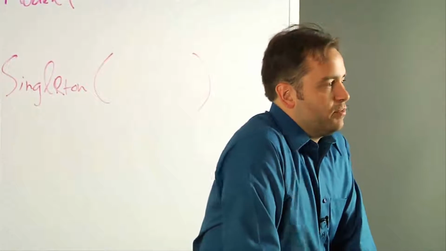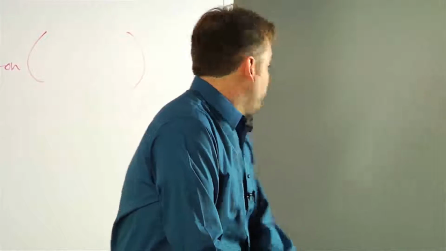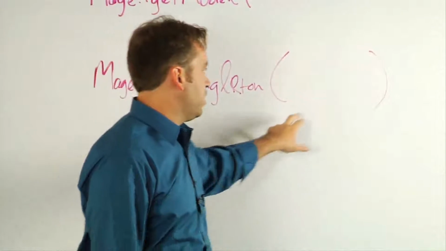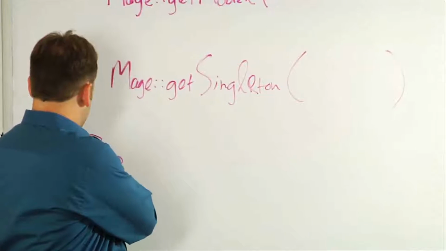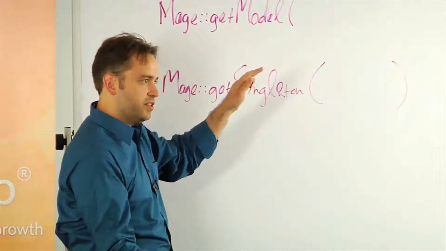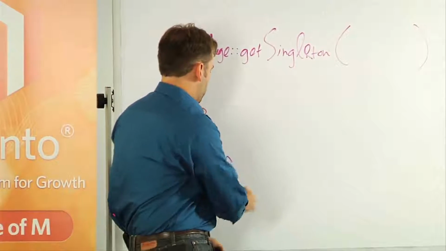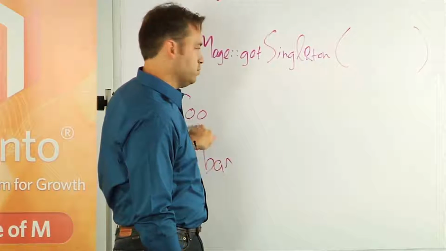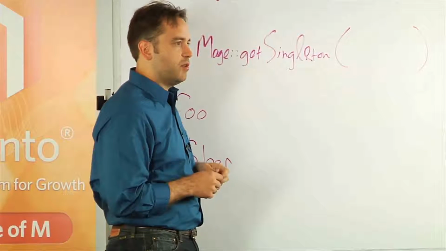You basically call some function to get an instance. Basically, the class instantiates itself, or there's some factory method like we have here that will get an instance of an object. So if I say Mage get singleton catalog product, and I assign that to some variable foo, and then later on I say Mage get singleton catalog product in the same request scope or execution scope, and assign that to bar, these two will always be equal because they're just references.